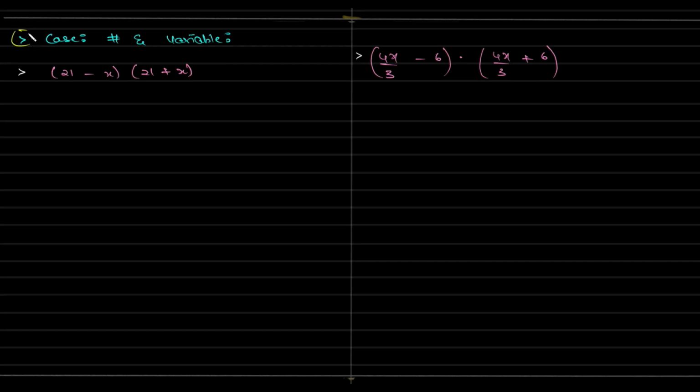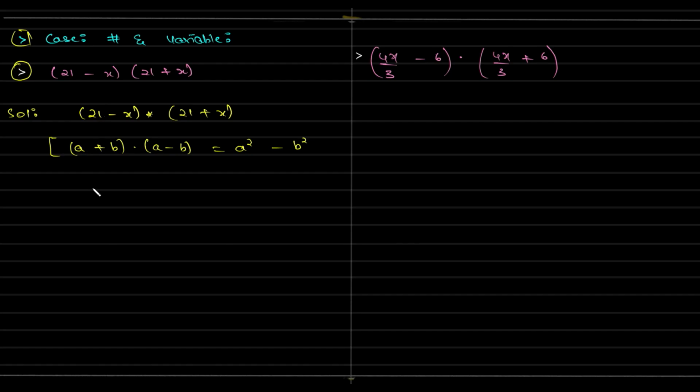Now we have numbers and variables. So how do we do this? Well, first thing first, we need to write the identity. So please have a look at it. I flipped it, but even then I can use the commutative law, not an issue.